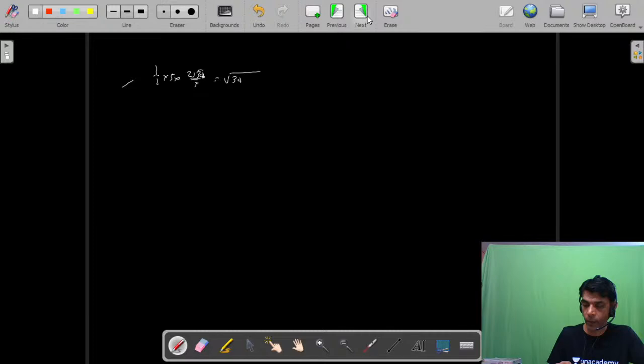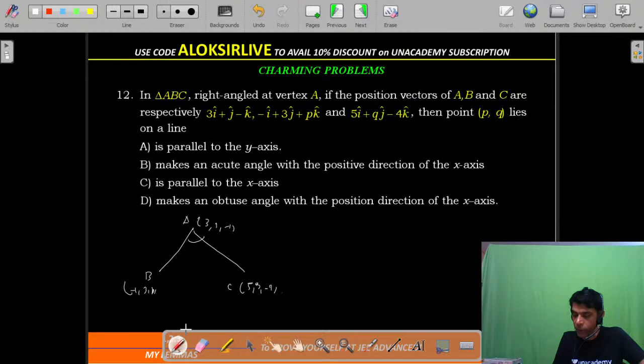Please note, make use of the perpendicular criterion, that AB and AC are perpendicular. What does that give you? If they are perpendicular, I can write AB dot AC is 0.